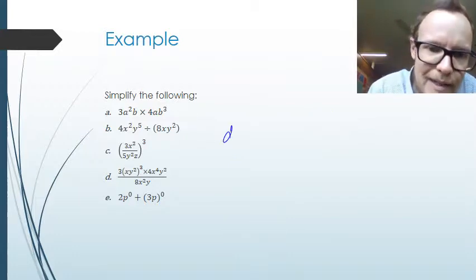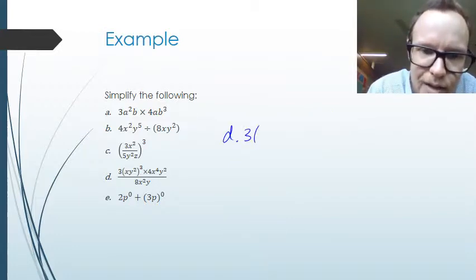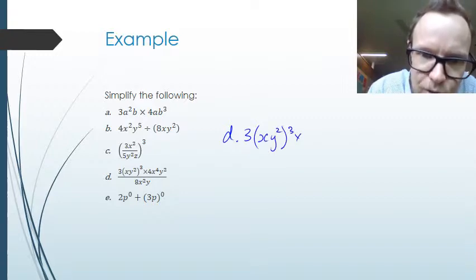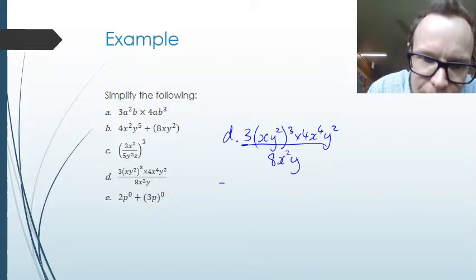So if we look again at writing that question out, 3xy squared cubed times 4x4y squared over 8x squared y. I'm going to separate out the values.